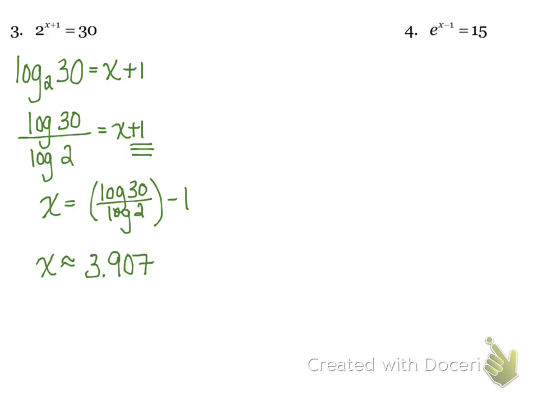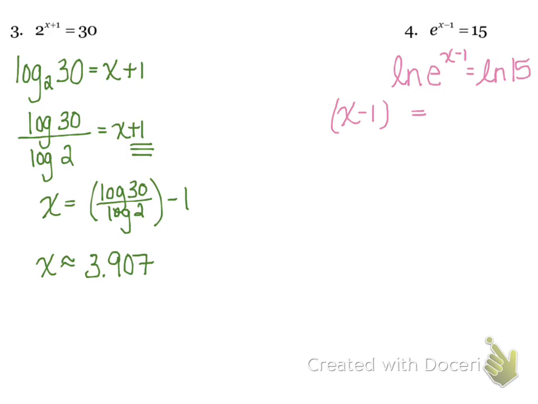And then number 4, if we took the log of both sides, we would use ln. So we have ln of e to the x minus 1 equals ln of 15. Now we can bring that power down, and we know that the ln of e is 1 because it's e to the what gives me e.